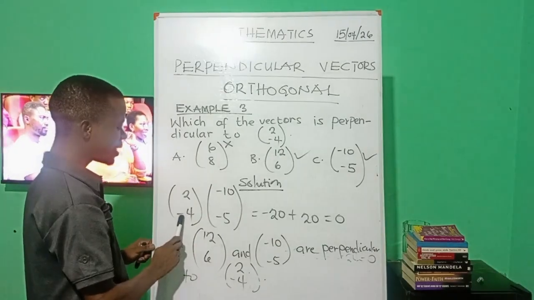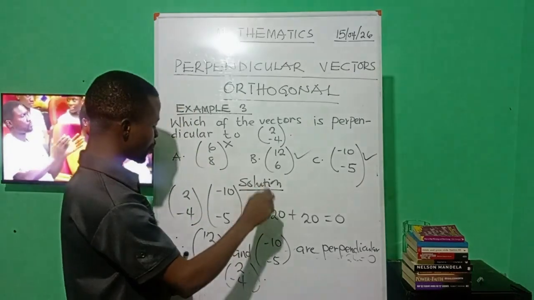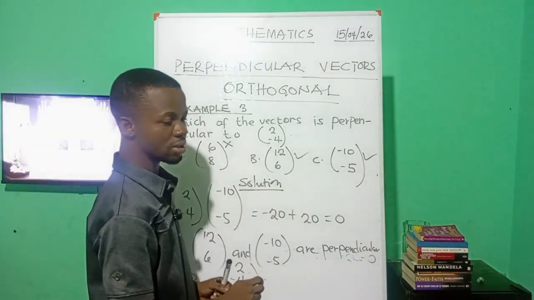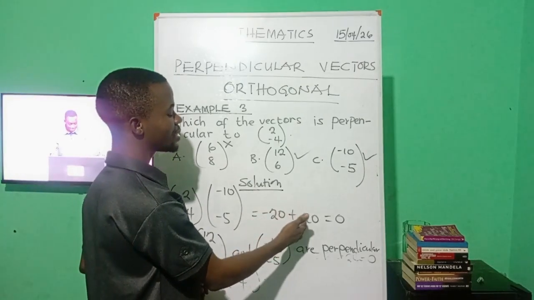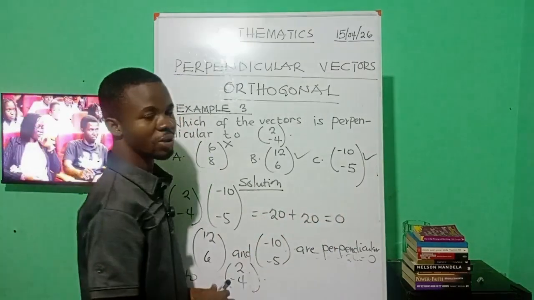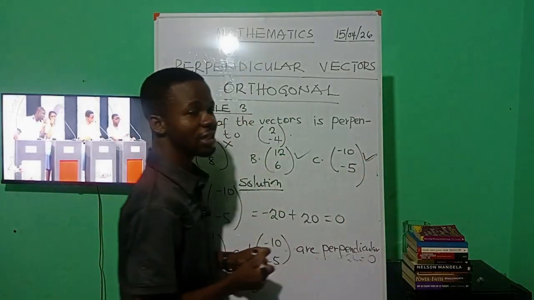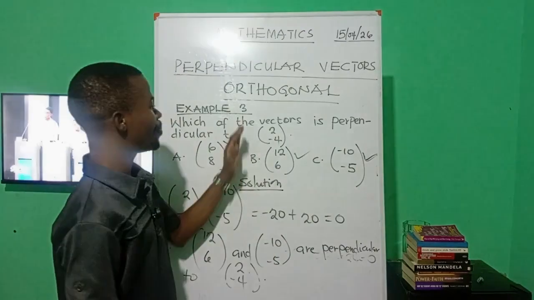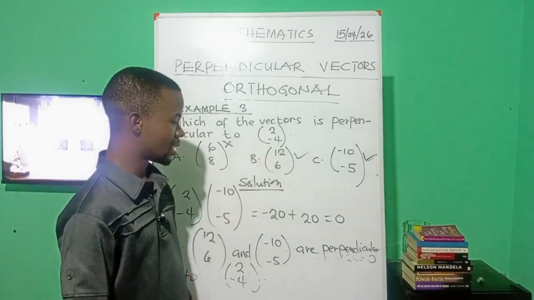Then negative 4 will multiply negative 5. That will give you positive 20. So you add everything. You have negative 20 plus 20, which will give you what? 0.